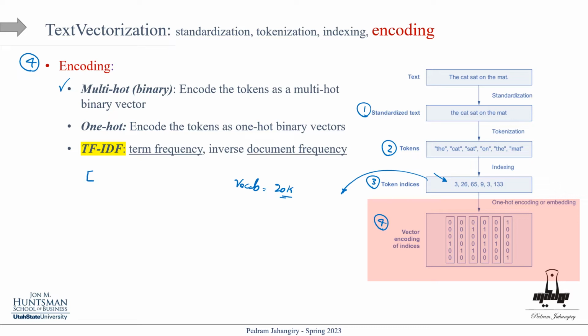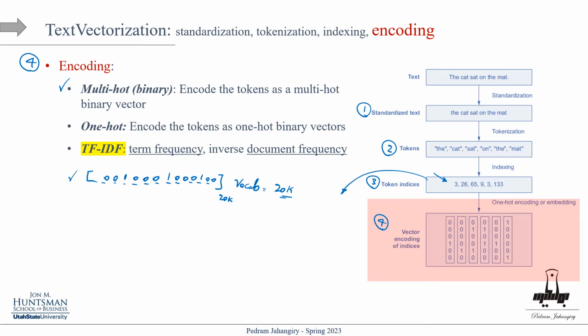This is important: the size of this vector is 20,000. Wherever that term showed up, for example number 3, you put a 1 there, otherwise it's 0. So the cat sat on the mat is going to become something like this at the end of the day. Here we're going to have 20,000 entries, almost all of them 0, except 5 of them, which are going to be 1.